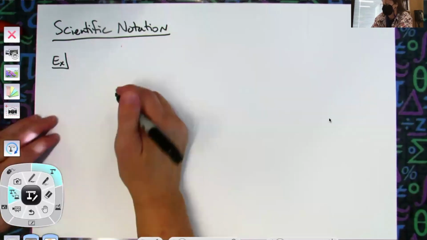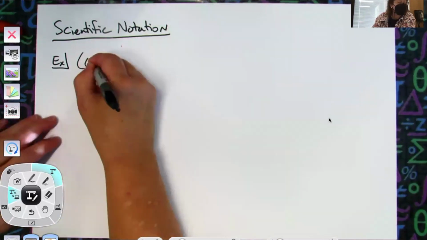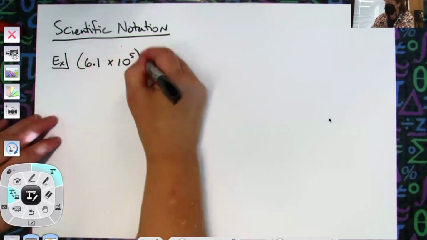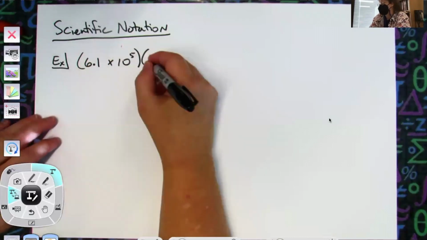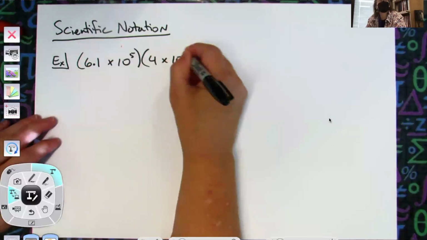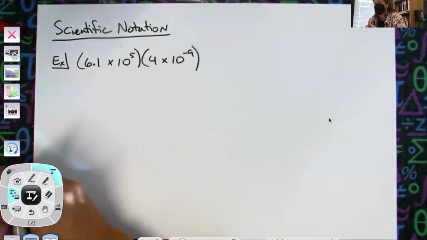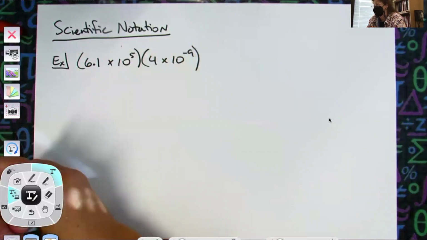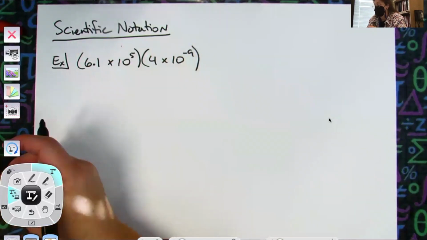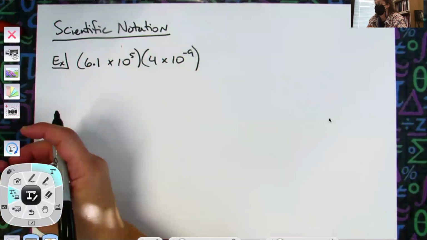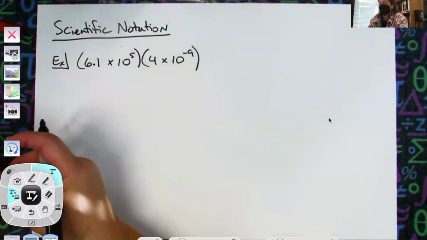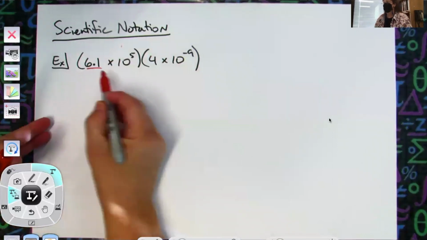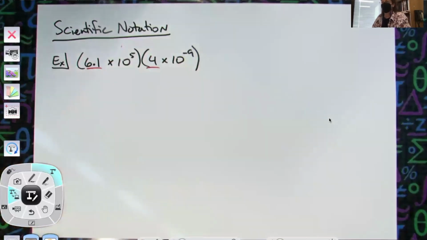So if I had something like 6.1 times 10 to the 5th, and I'm multiplying that by 4 times 10 to the negative 9. Both those numbers are in scientific notation. I'm going to want to multiply them, preferably without a calculator, and I'm going to want to make sure my answer is in scientific notation when I get done. Hopefully most of you could take those two numbers out in front and multiply those in your head because they're not too bad.